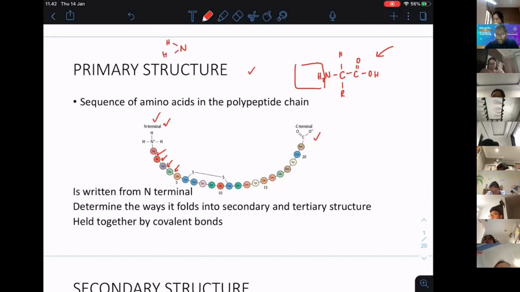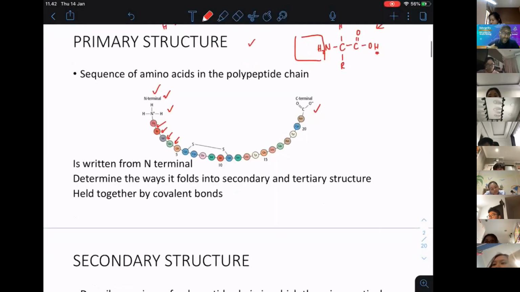Do remember, they can form an ion, similar to zwitterions. The H plus will come over here and they will form NH3 plus. This is based on what we have learned. The primary structure determines the way it folds into secondary and tertiary structure.